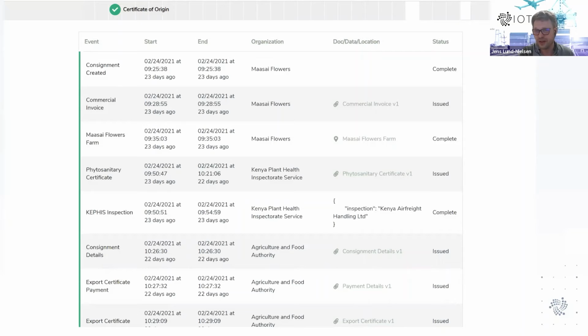If you need to alter it, you need to upload it as a version 2, and then you inform all participants, this is the version 2, which is the new truth. But you can't take away the fact that you uploaded a version 1 at some point, and there's a proof of what version 1 was. So in that way, you update, but you can't delete.